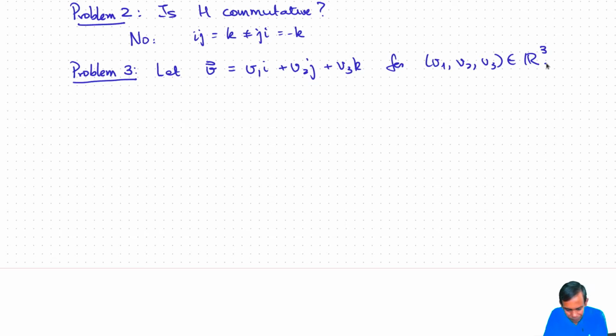And let's write W equals W1I plus W2J plus W3K. And now the exercise is to write down the product of V and W. So I'll give it as a show that.